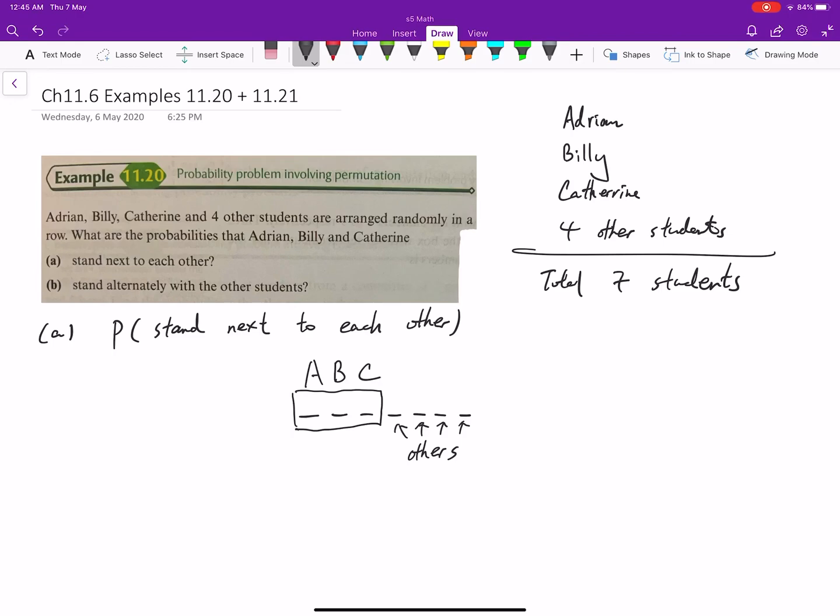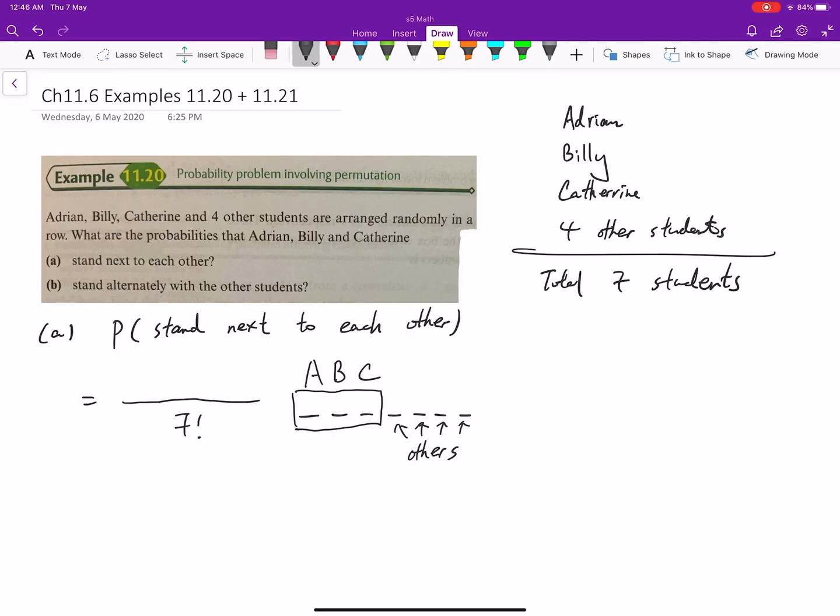First of all, you can get the denominator first. Now, standing in a row means the order matters, so we use the concept you learned in permutation. For 7 students, you need to arrange them, so you get 7 factorial.